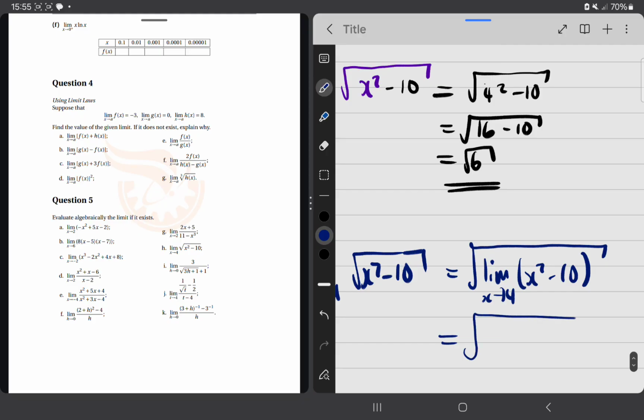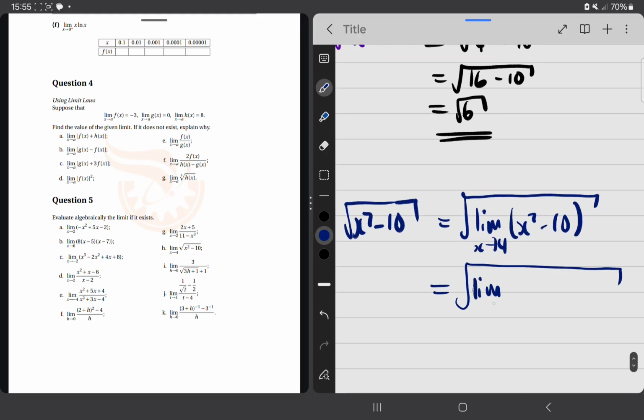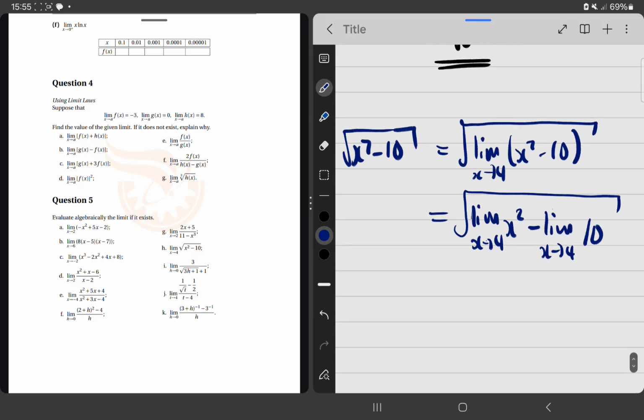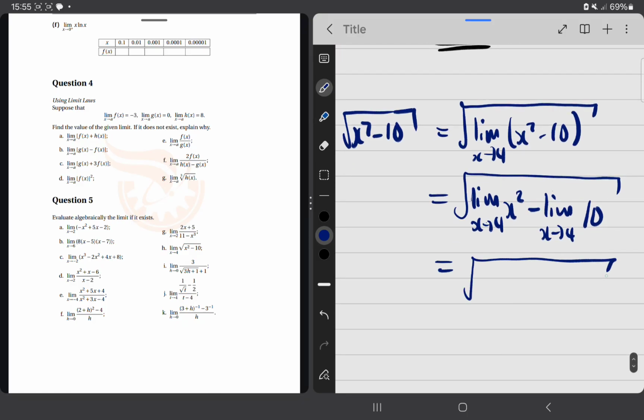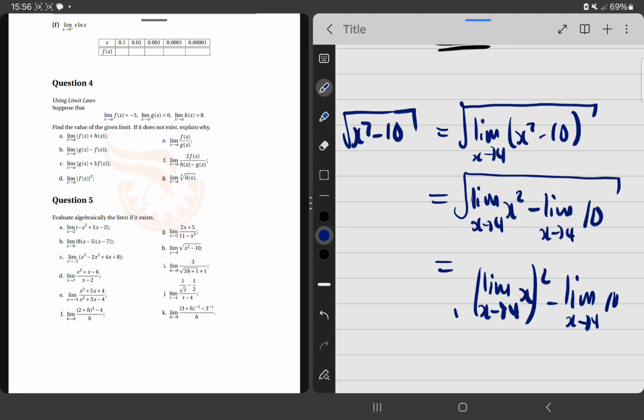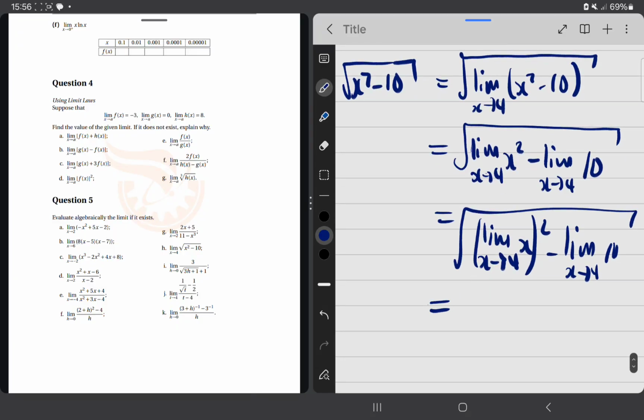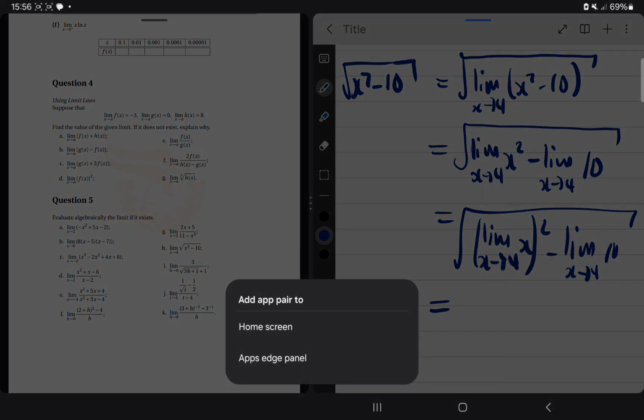Which is going to be equal to the square root of the limit as x approaches 4 of x squared minus the limit as x approaches 4 of 10, which is going to be equal to, you can substitute here, or even say the limit as x approaches 4 of x, and you square it outside, minus the limit as x approaches 4 of 10. Okay, this is if they give you a long place to do the working.